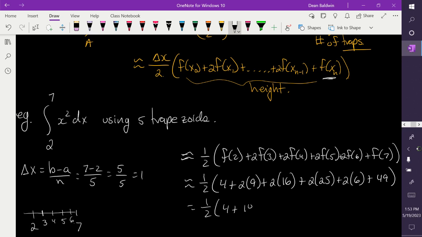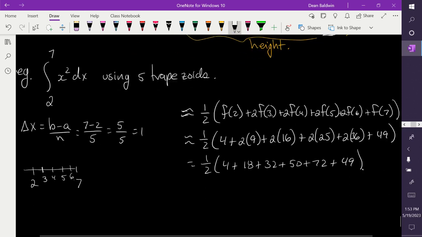Or not even algebra, just adding numbers together. If I put 6 in, I get 36, which is 72, and 49. Okay. And just add them up. 225.